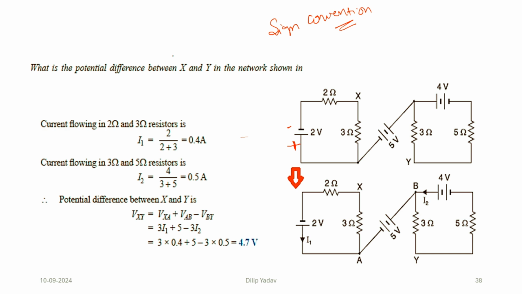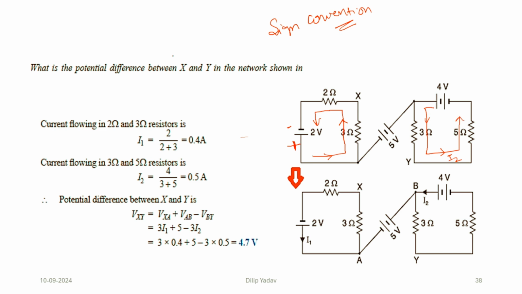So in this circuit, we can say it is a positive and the negative terminal. So the current will be flowing like this in this circuit. Now we have the second loop. The current direction will be something like this, flowing as I2, and it will be coming like this.